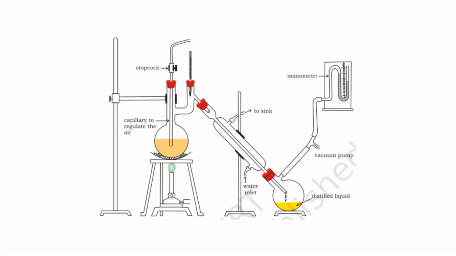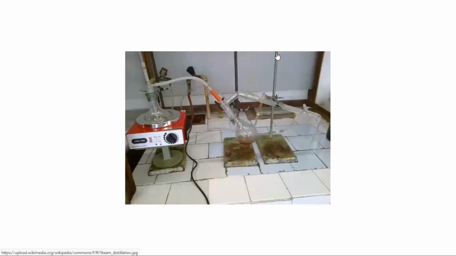The last one is steam distillation. Here we are separating and purifying a liquid which is highly volatile. We are using steam in this case, so the steam is going to aid the process of distillation, and basically the vapor pressures are what come into play.